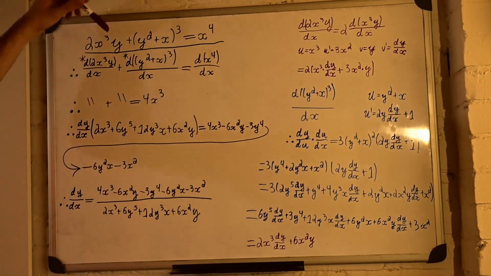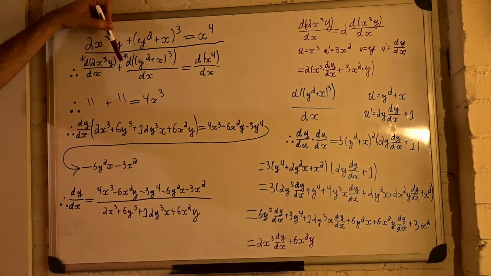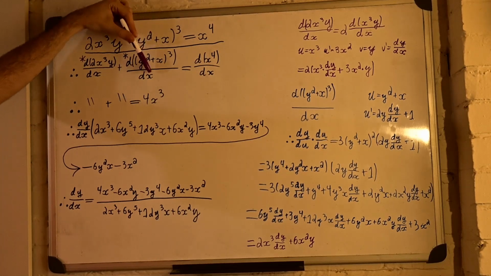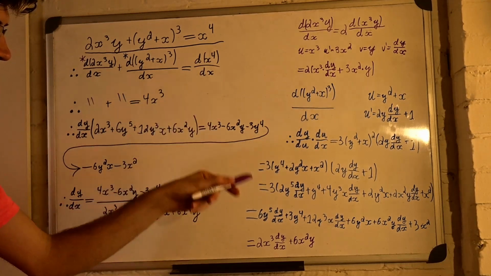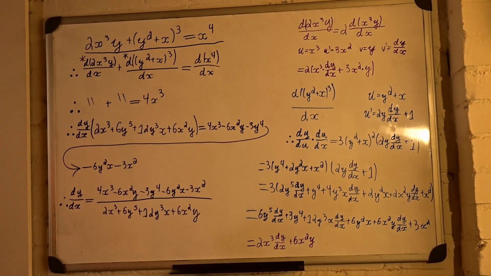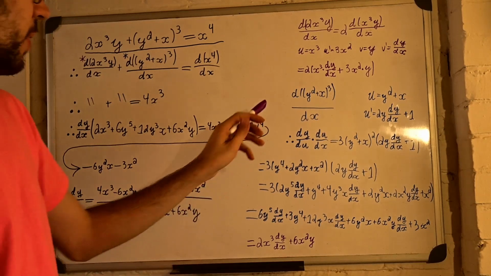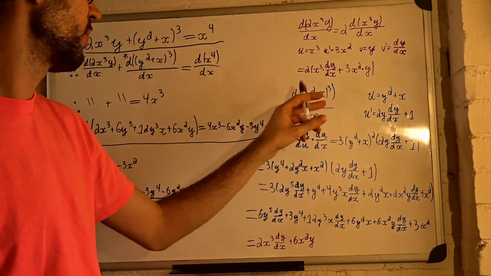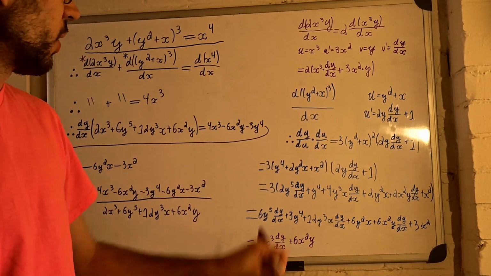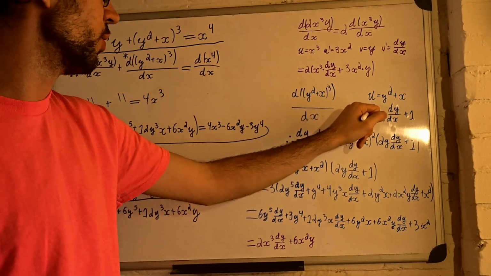Next, we're going to look at this second term, which is the derivative of (y squared plus x) cubed with respect to x. This one is maybe a bit more complicated, definitely more steps. We're going to have to use the chain rule here. Because we have y squared plus x on the inside, and the power of 3 on the outside, we're going to say that y squared plus x is u, right?